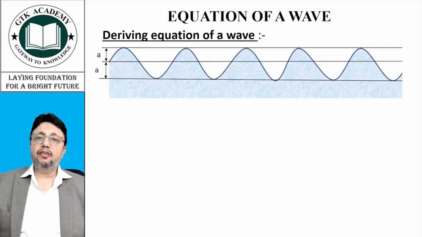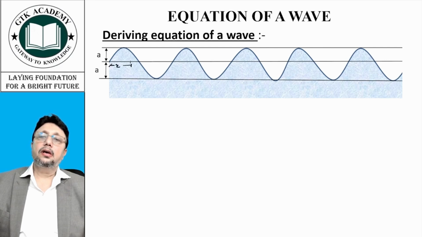Now this is the shape of the wave which we have already discussed. So whatever we have learned till now, for example, at a distance x, if there is a phase difference of phi, so for this particle y, can we write it like this: y is equal to a sine phi.